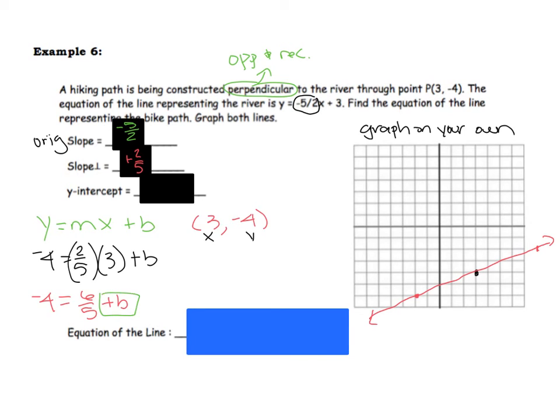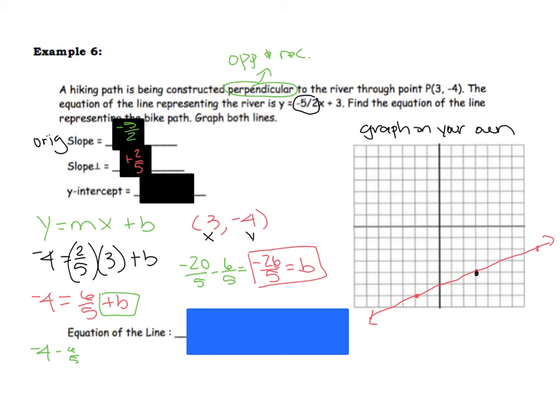Now, technically, I'm solving for b, so I would normally subtract 6/5 from both sides. If I get -4 minus 6/5, I have to change that -4 into a fraction with a denominator of 5. So I would make that -20/5 minus 6/5, and that would result in an answer of -26/5, which is the value of b. Now, I don't know about you guys, if I said, hey, graph -26/5, I'd be kind of confused as far as where exactly that would go.